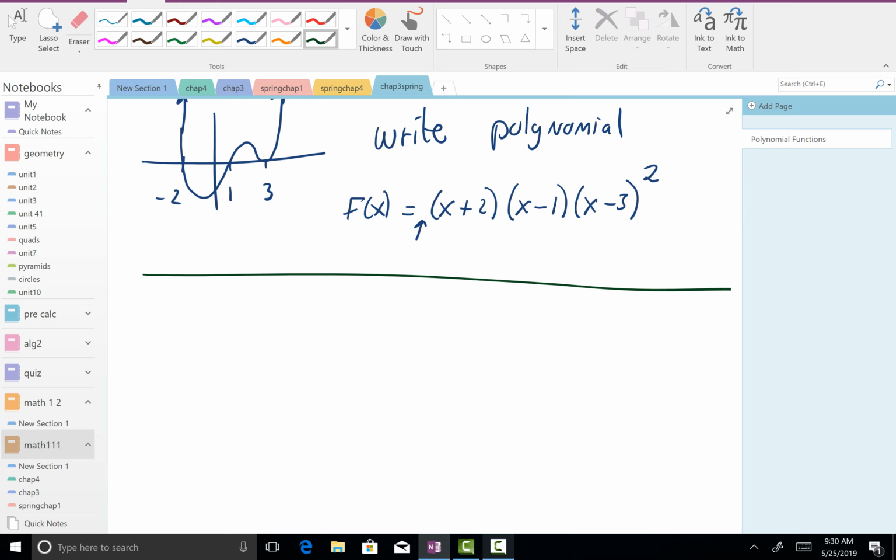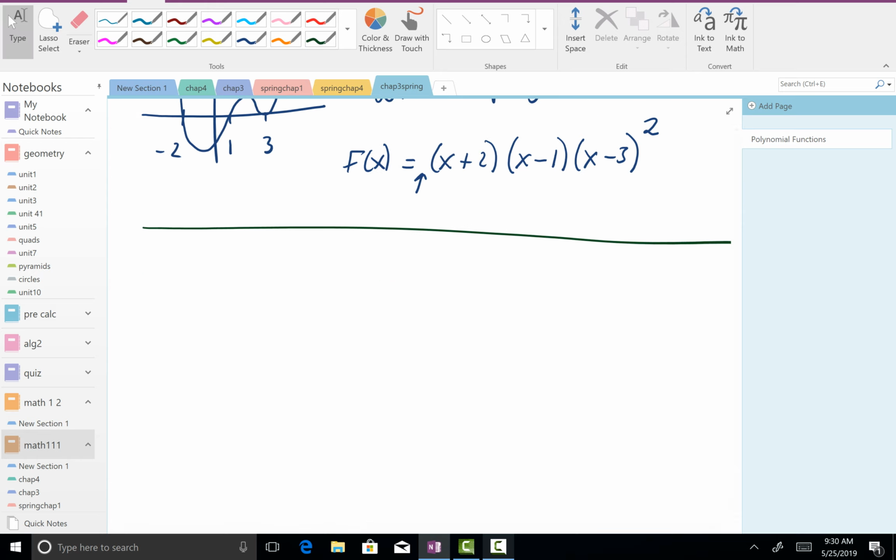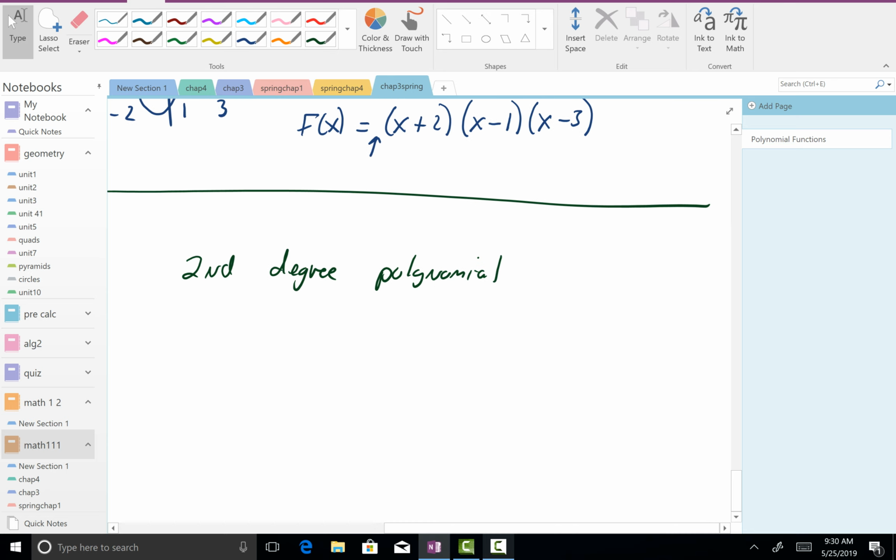Let's talk about a second degree polynomial. If I asked you what a graph of that would look like, second degree, what are we going to get? What's that shape going to be?